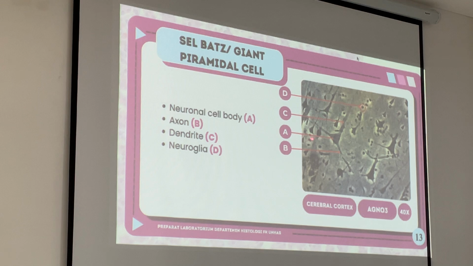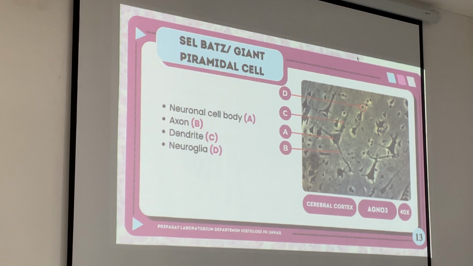This is the giant pyramidal cells. The C1 is actually the dendrite. And then the D1 is actually the astrocyte, like before. And then this is the pericardium, which is multipolar. And then the B1 actually is the axon, because it's a multipolar neuron.